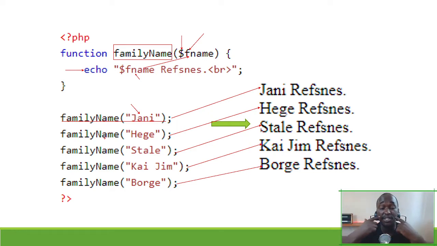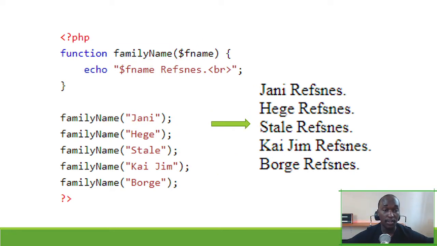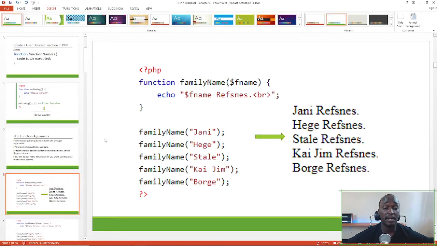So that is what an argument really gives you. Instead of writing echo for each name, you simply use a function, and then you call it as you pass it the different names, for example if they're sharing the same surname, like this example is trying to portray. So that is what you call an argument. In this example, we're just passing one argument, which is the first name.